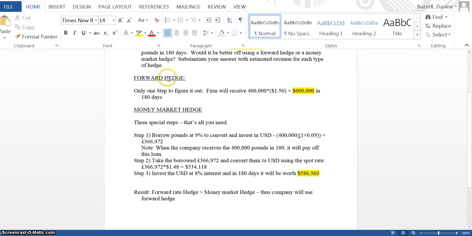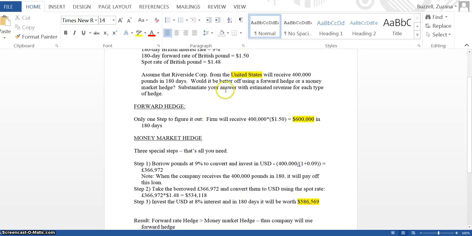And this is how you look at forward and money market hedge and how you calculate it. So when you go to your practice quiz, in your quiz, and you see a money market hedge, always remember it's 3 steps. Borrow pounds, or borrow the currency. Then obviously convert it to the currency where the company is located.